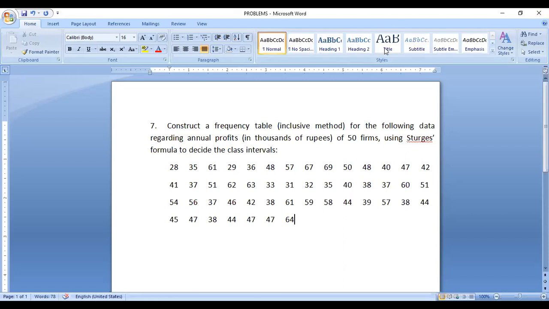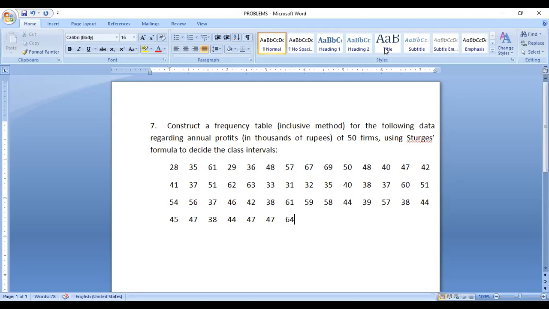So we have to construct a frequency distribution table under inclusive method. Using inclusive method, we have to do this problem. And again, another word is also given.